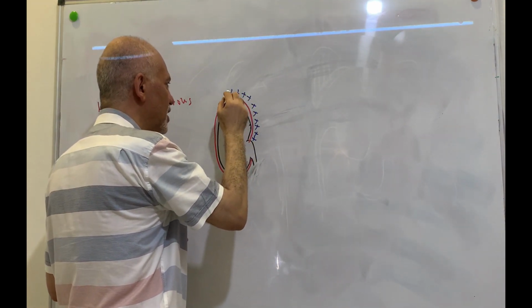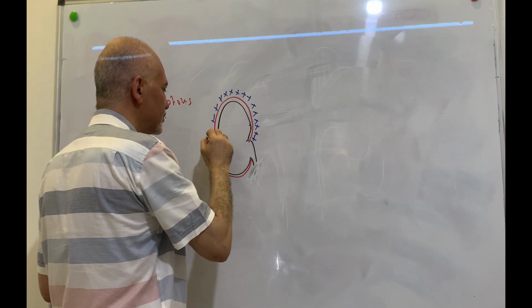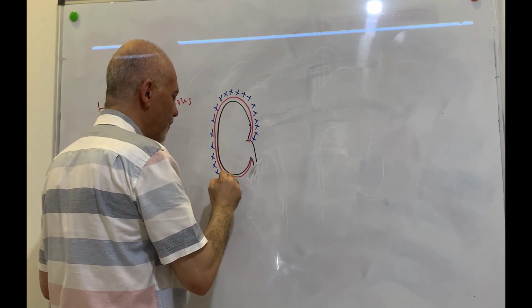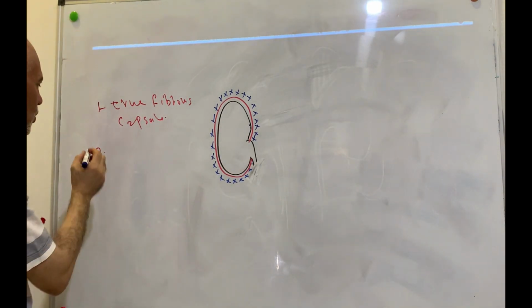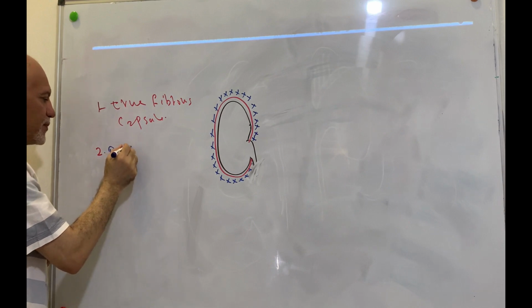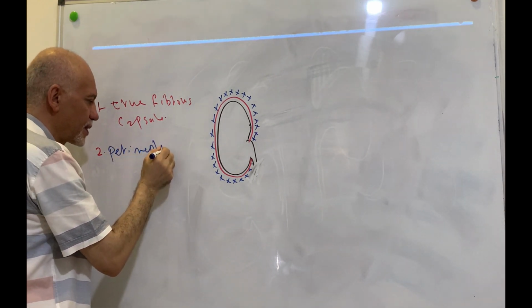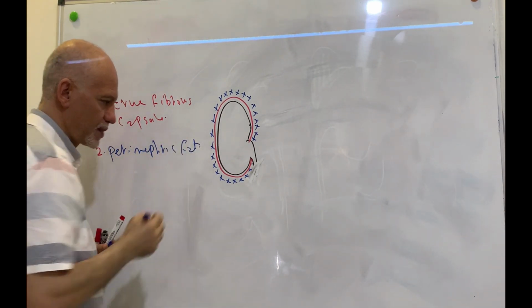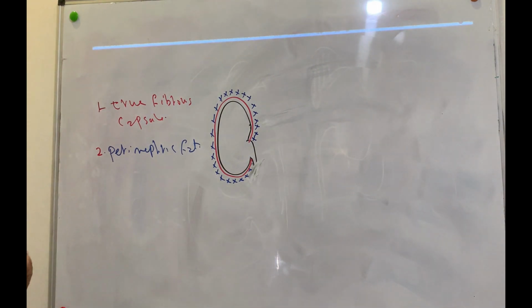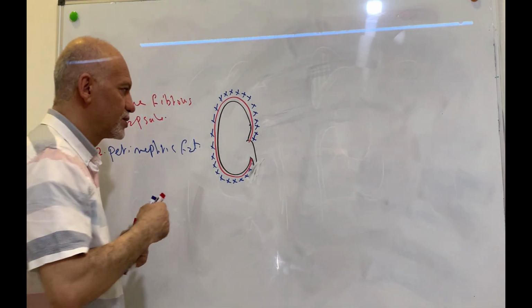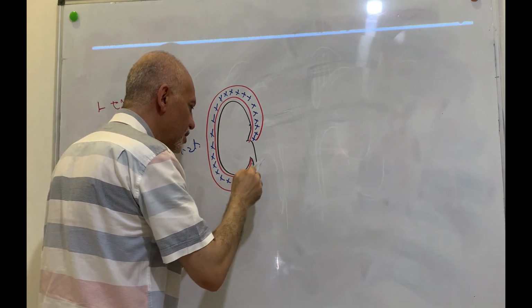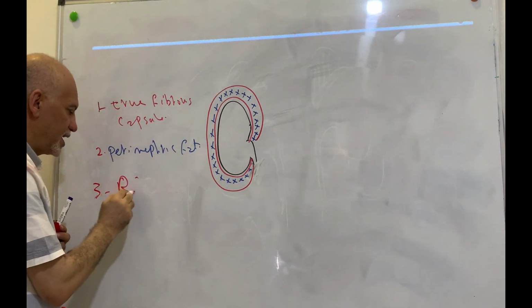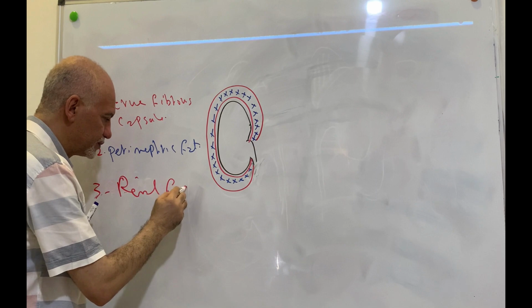This fat is called perinephric fat. Third capsule surrounding the kidney is called the renal fascia.